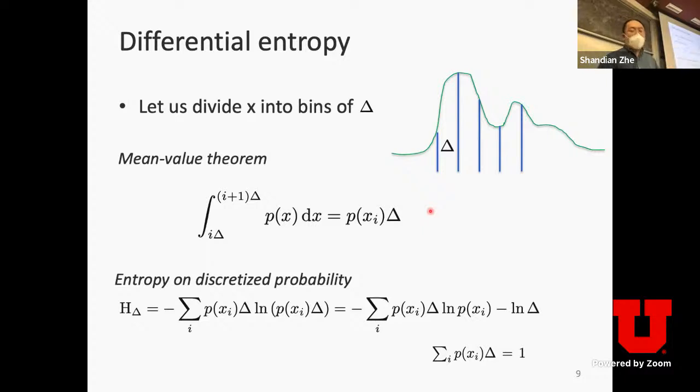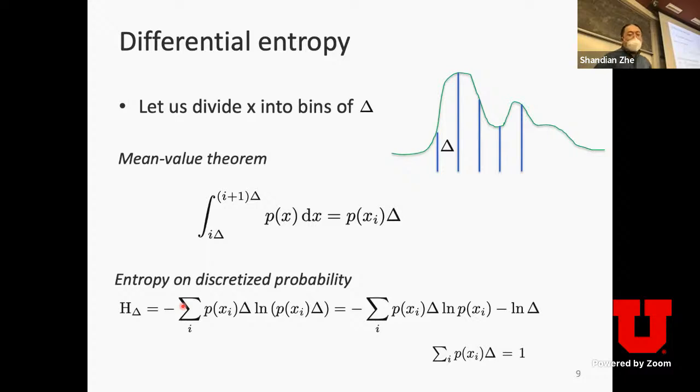So naturally, just like what we do to define the Riemann integral, we can take the size of the bin to go to the limit of 0, and we expect that we can have a continuous version of entropy. It's very similar to what we have learned about the definition of the Riemann integral.